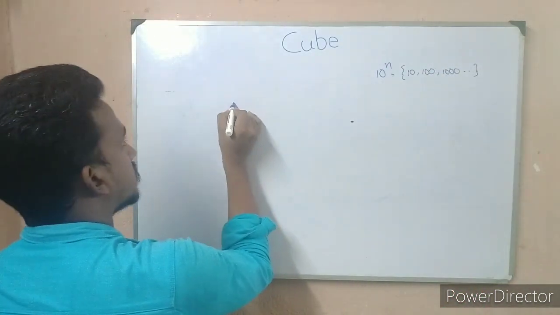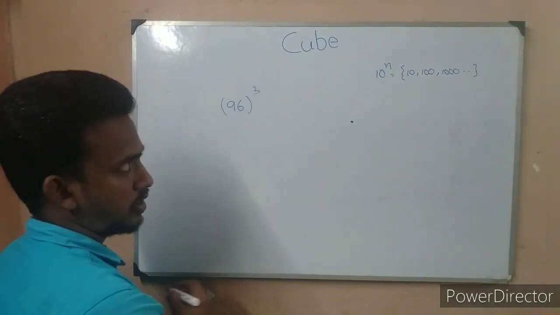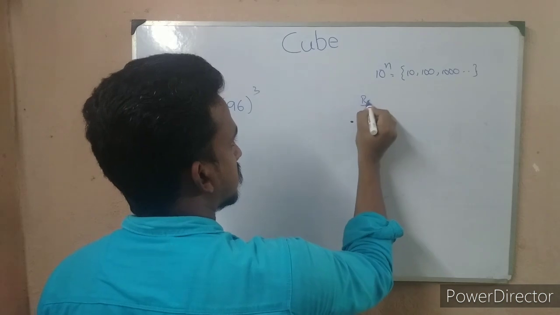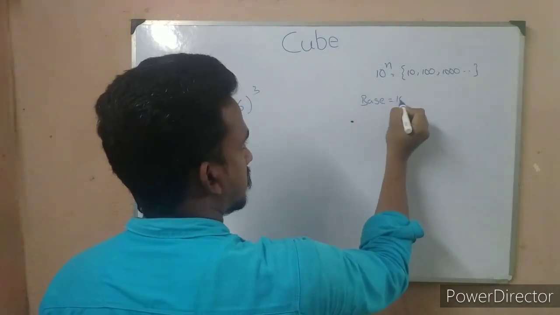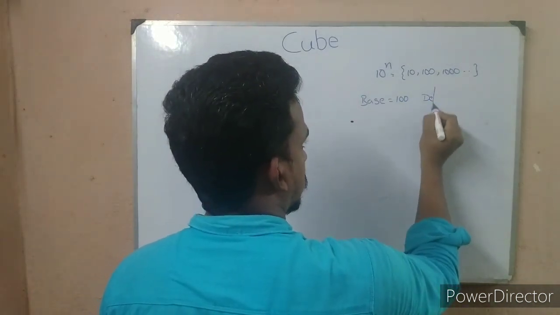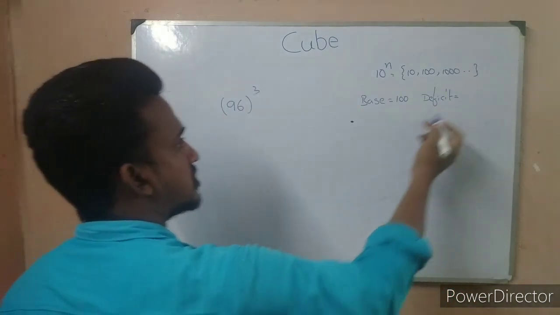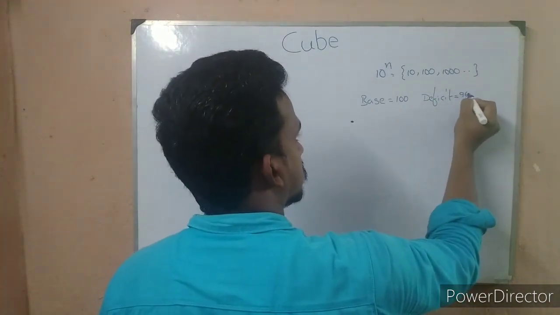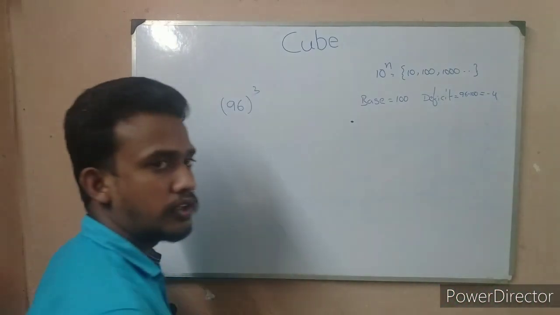Let us take an example, 96 cubed. The nearest base value for 96 is 100, so we get a deficit. What is the deficit? 96 minus 100, which is minus 4.